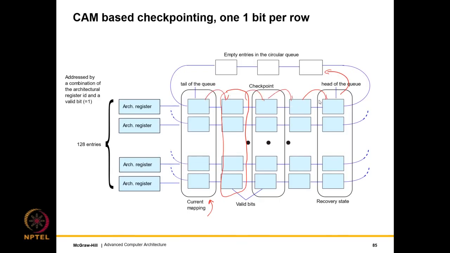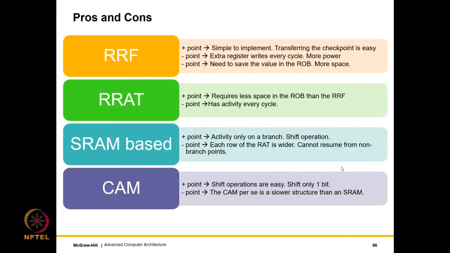And whenever we want to recover, we take the rightmost entry, or rather the head of the queue, the earliest entry of the queue, and then we recover our state to that point. This, mind you, is a much faster option, because each of these entries is 1 bit instead of 7 bits. Hope it's clear.